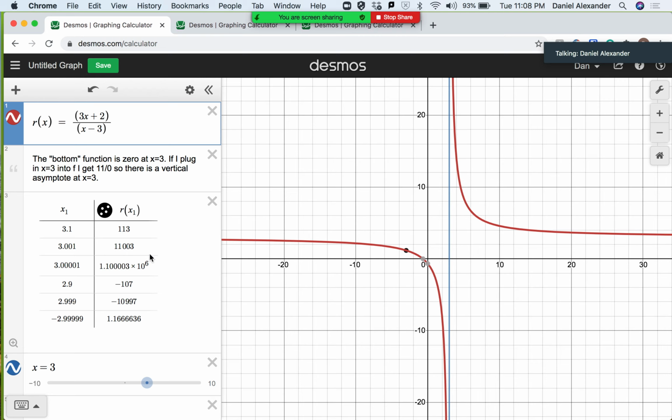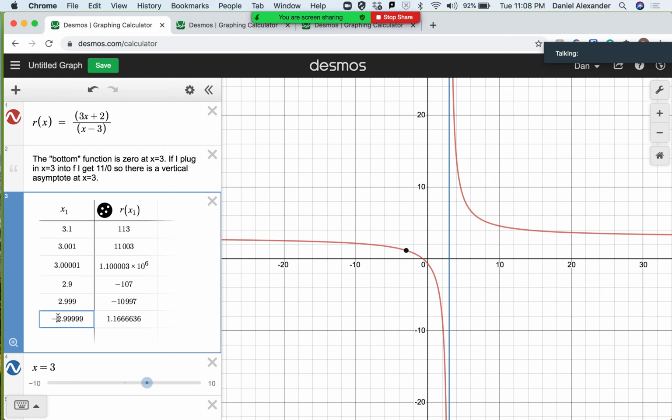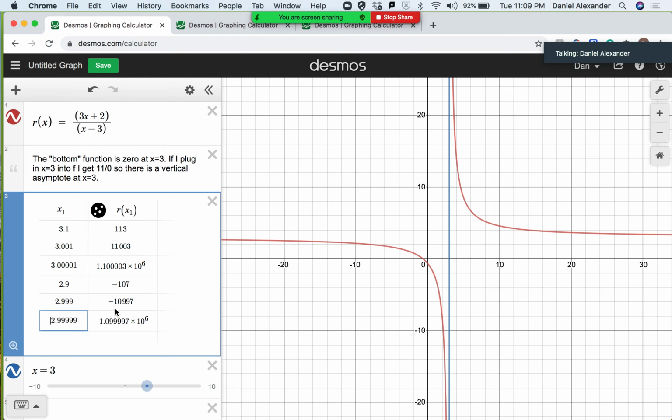Again, if I want to know exactly what's going on, I can look at the graph, or I can plug in numbers. I'm plugging in numbers a little bit bigger than 3 and a little bit less than 3. Notice that when I plug in numbers bigger than 3, approaching 3, 3.1, 3.001, 3.00001, my y values get really big pretty quickly the closer I get to 3.